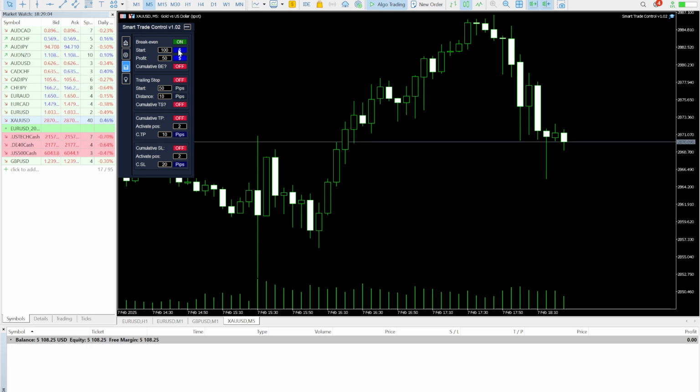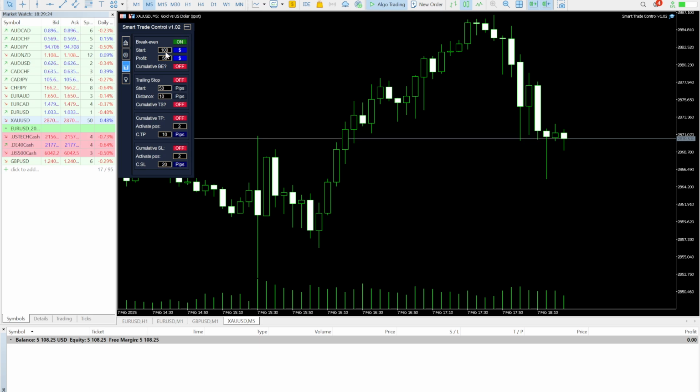You also have cumulative options here. If you toggle this on, that just means if you have, let's say, 2 or 3 buy positions or multiple buy positions, then it's once the cumulative profit of all those positions together reaches the target.